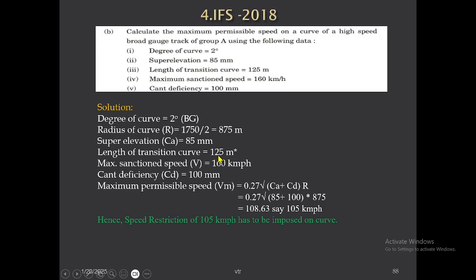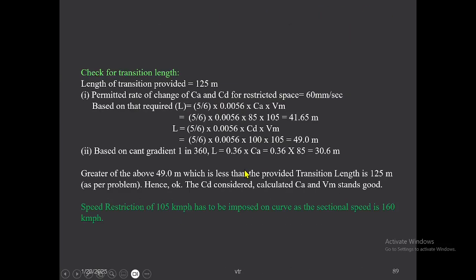If it is very short, then when you work out this condition, our required length of transition will sometimes be more than the provided one. In that case, necessarily we have to restrict our cant deficiency and everything. So we have to do some check here. Since they gave the length of transition, we can cross check.